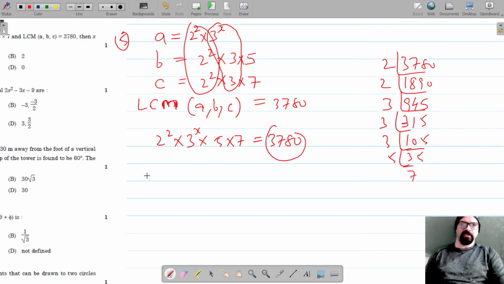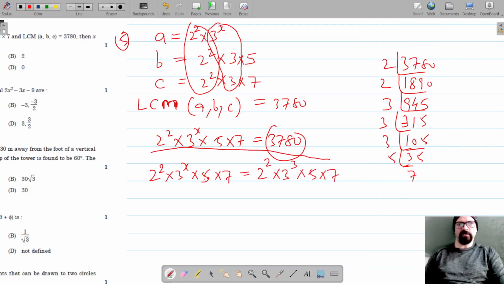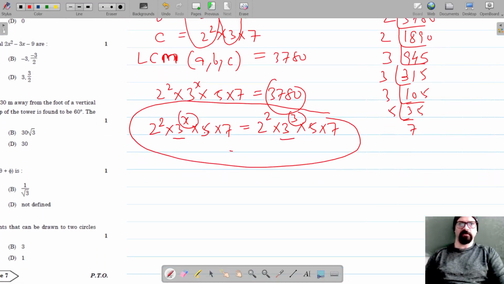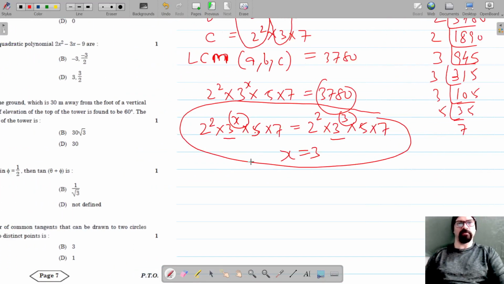So for 3780, I can write its prime factors as 2 square into 3 cube into 5 into 7. And if I compare these two sides and compare the powers of prime factors, x is equal to 3. So this gives me the value of x. So x is equal to 3.